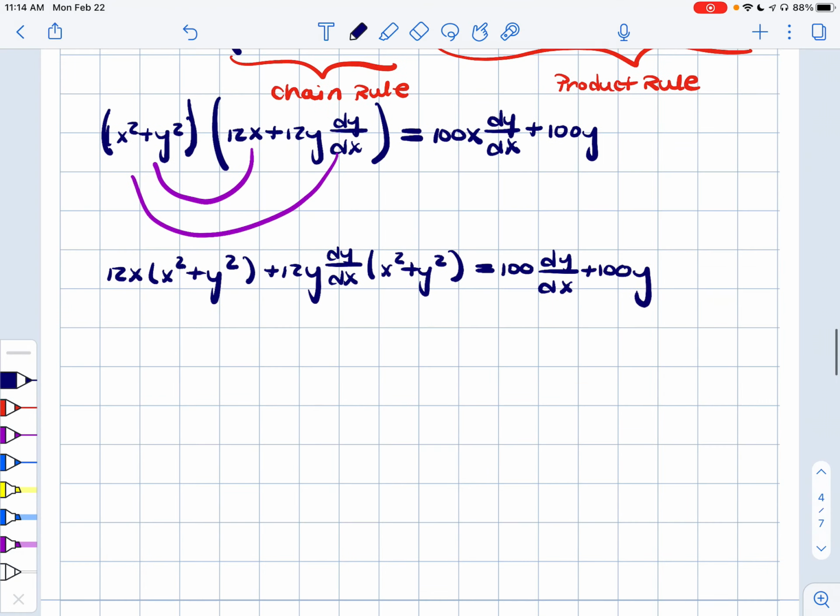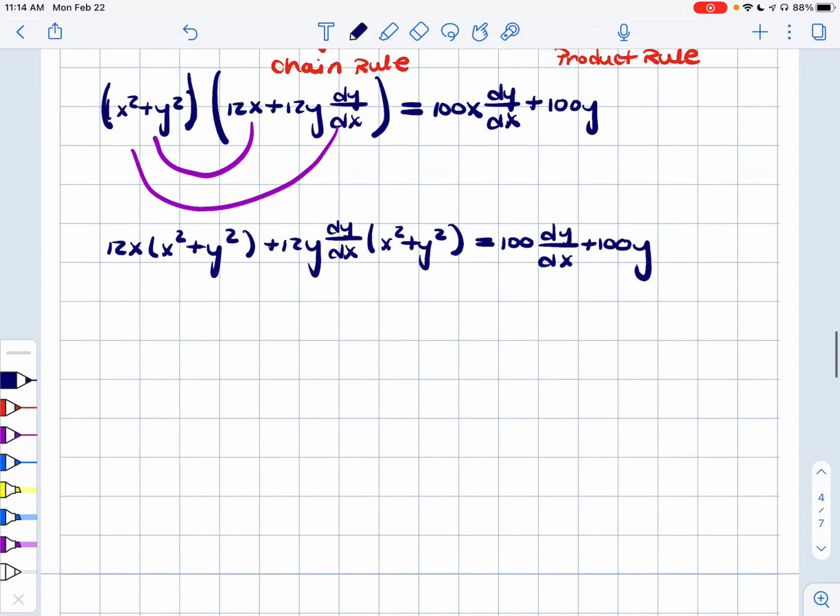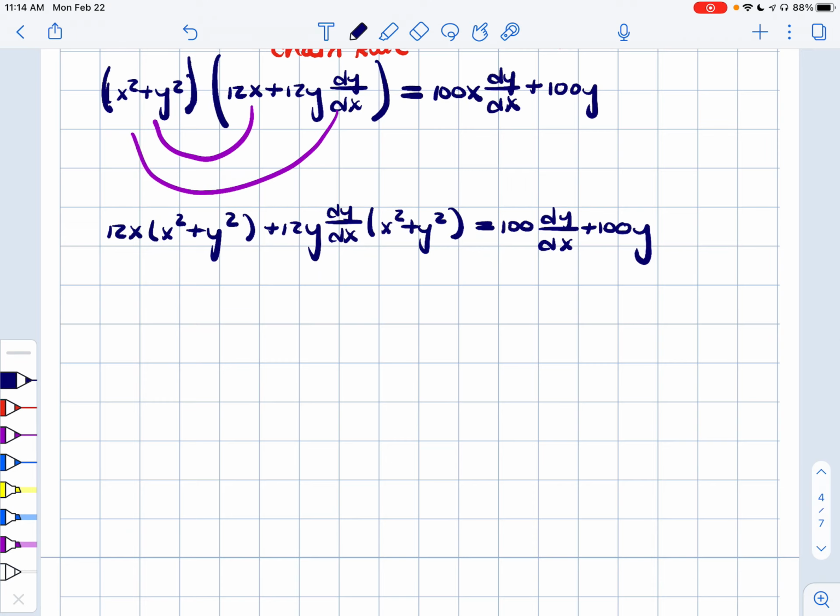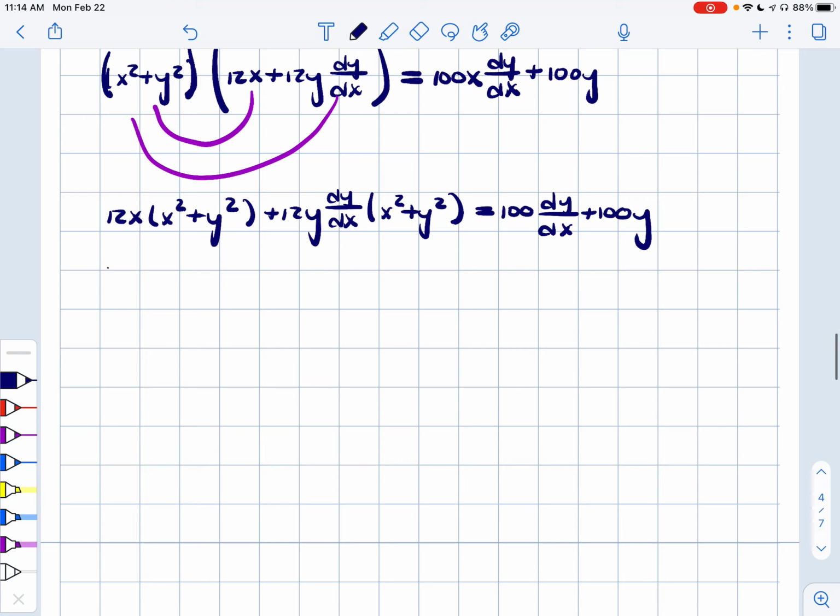Let's copy that down. Now if we're trying to solve for dy dx, we want to get all of our dy dx's on one side of the equation and everything else on the other side. So I'm going to leave my 12y dy dx times the quantity x squared plus y squared on the left, and I'm going to subtract the 100x dy dx over to the left as well.